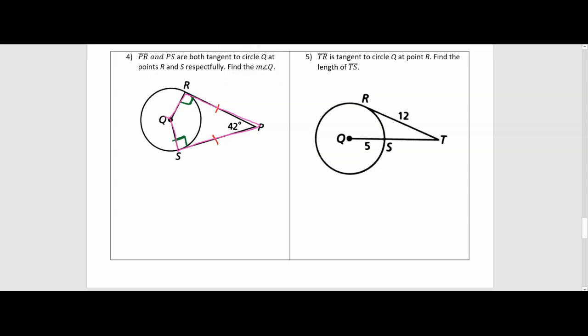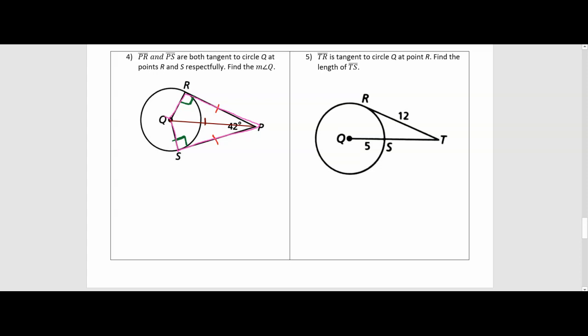So if I split this quadrilateral down the center, that gives me two actually congruent triangles here. We could prove this congruent by HL. They both share the hypotenuse. They each have a congruent leg, and they both have a right angle.